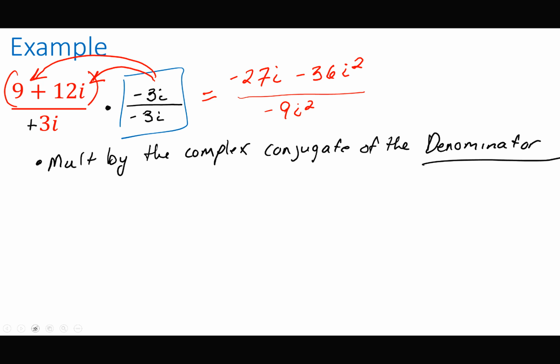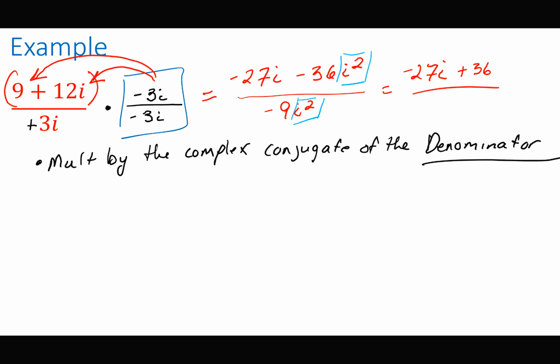Now let's do some simplifying here. Well, I know this i squared and this i squared are really negative 1. And so I can rewrite this as negative 27i. Negative 36 times a negative 1 would be a positive 36.